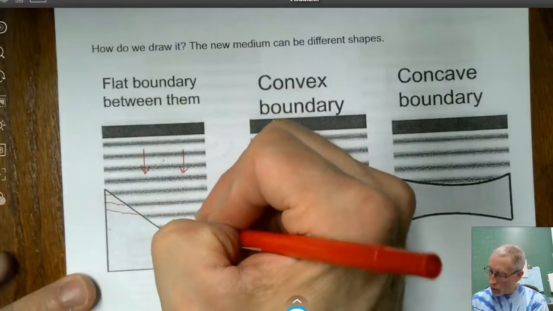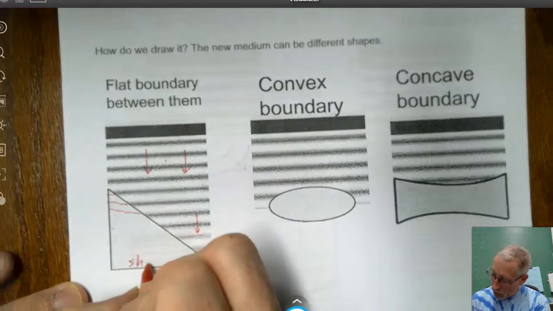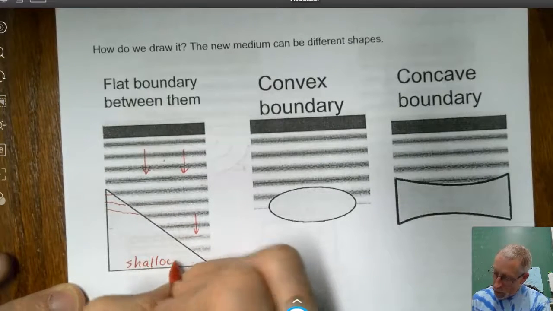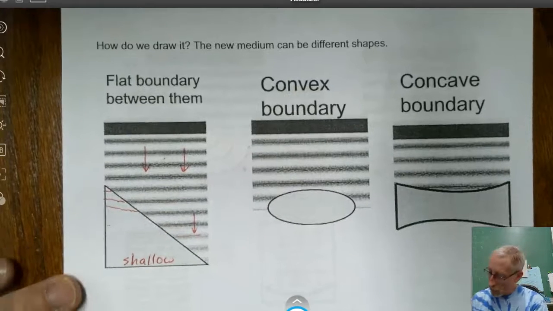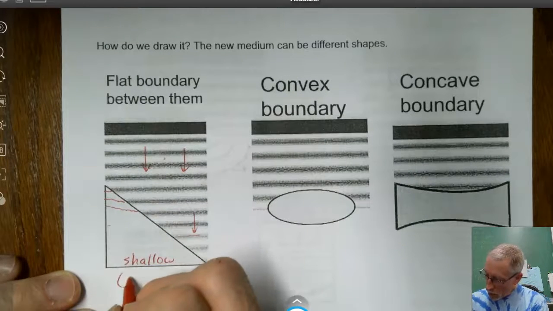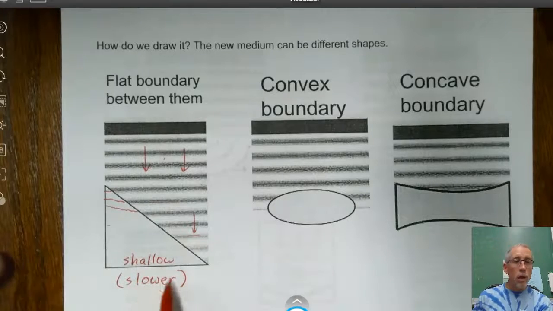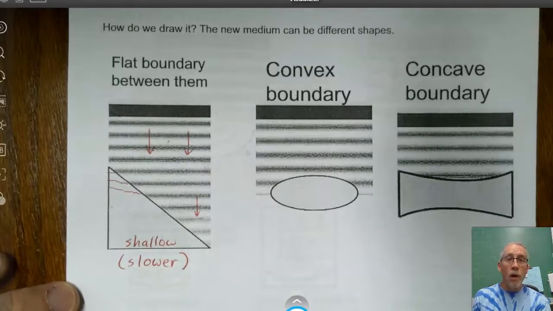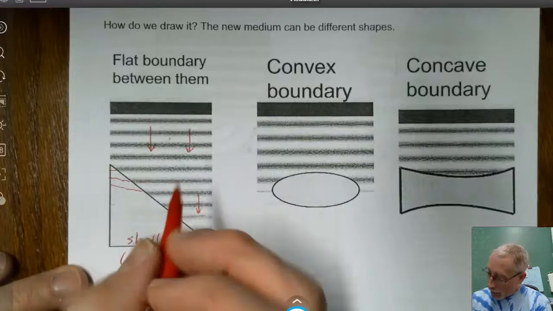And it's still traveling straight down here. It's when they're in this, let's actually write this, the shallow area. That way you remember what it is when you look back on it. And because you can't see it on the picture, let's just write it here. It's shallow and therefore a slower medium for these waves.